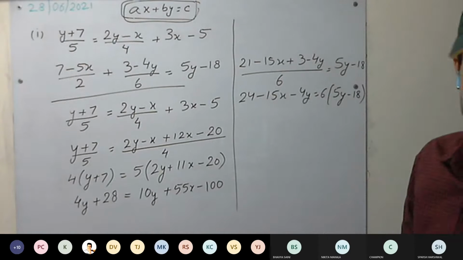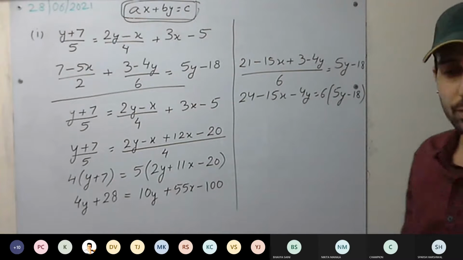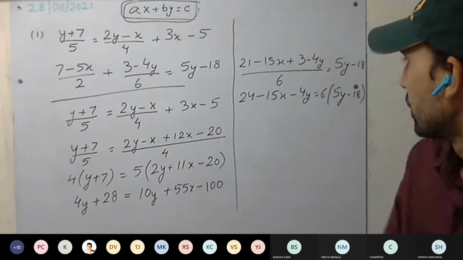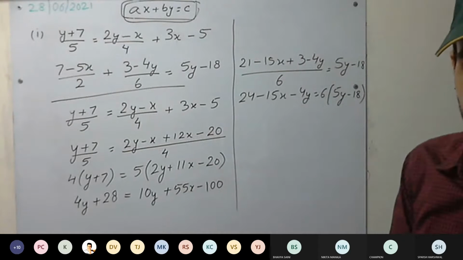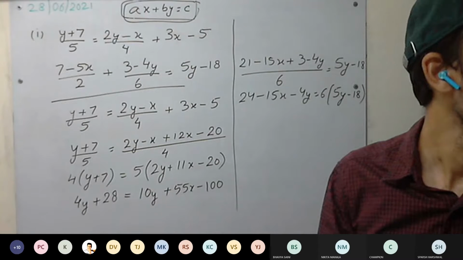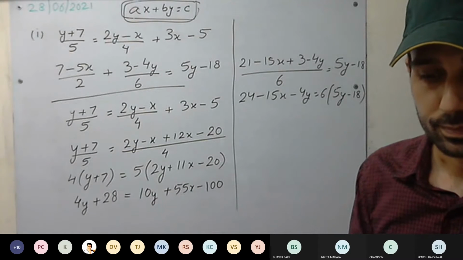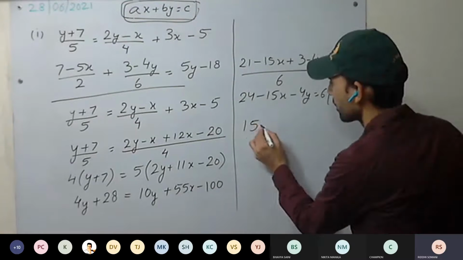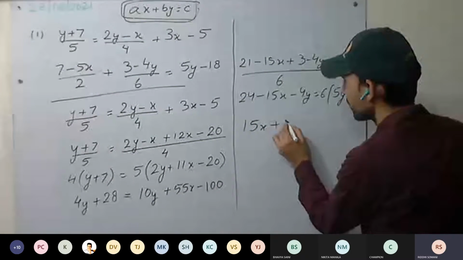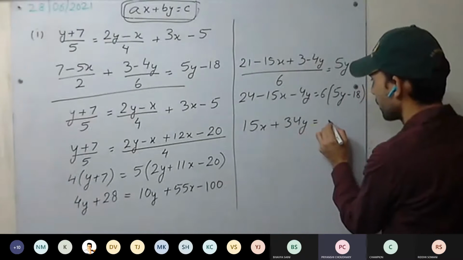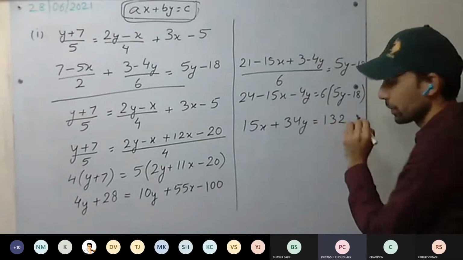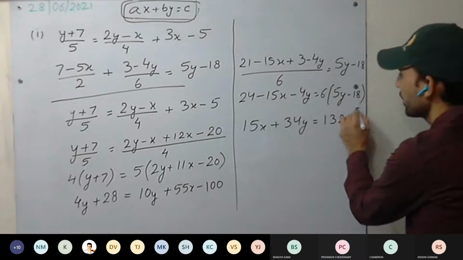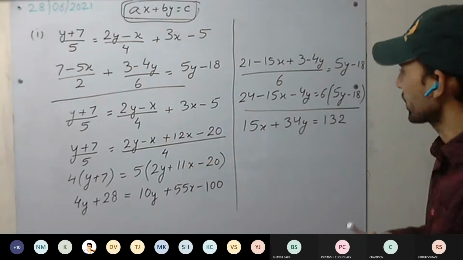This is clear? So you got the two equations. Solve them. What answer will you be getting for this equation? Sir, I got 15x plus 34y equal to 132. Check everyone, is this the answer? This is our second equation.